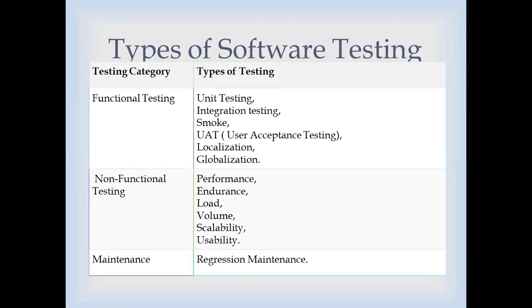Coming to non-functional testing, you can see performance and usability, how usable it is, all come under non-functional testing. And regression and maintenance testing, we know these. We have done regression testing. We'll discuss regression testing at the last. So let's go to our first test.